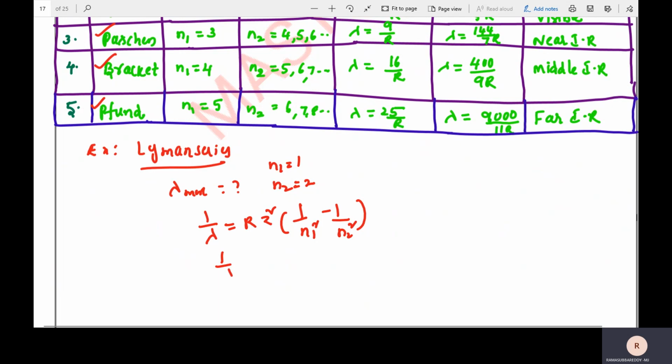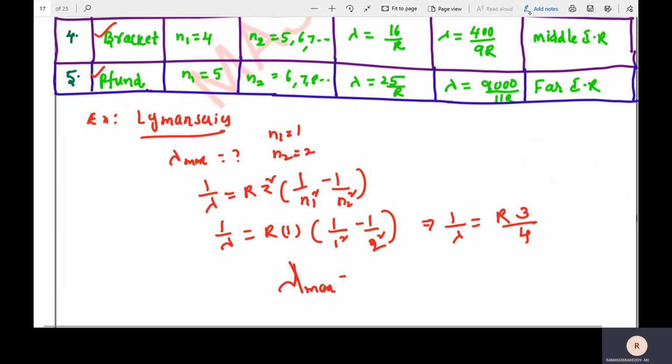N1, n2 we know. Z is 1 for hydrogen. So it is 1 by 1 square minus 1 by 2 square. That is 1 by lambda is equal to R. If you take the LCM, what will we get? 4 minus 1, 3. 3 by 4. We need to find lambda maximum.